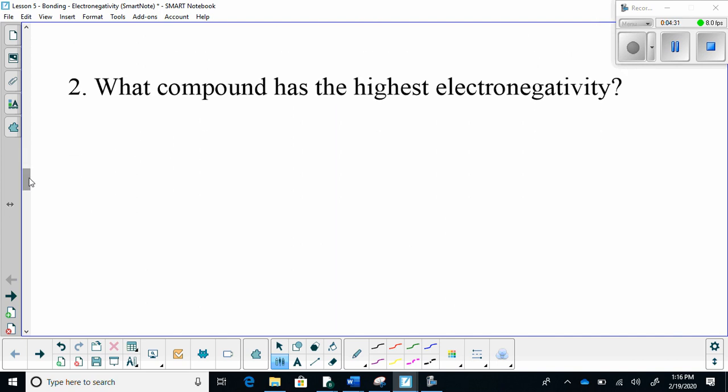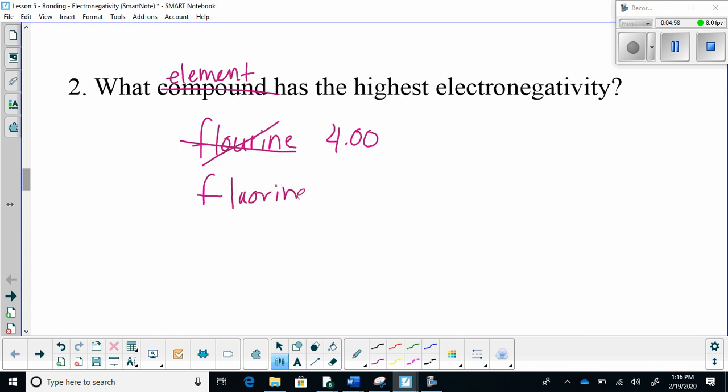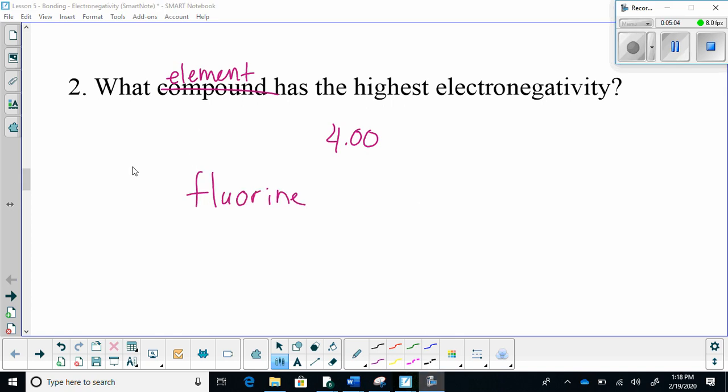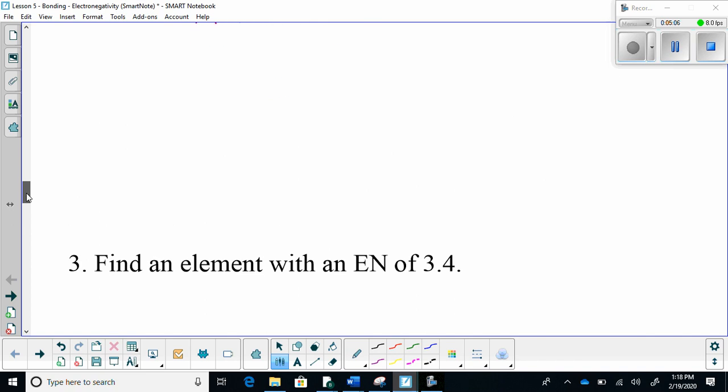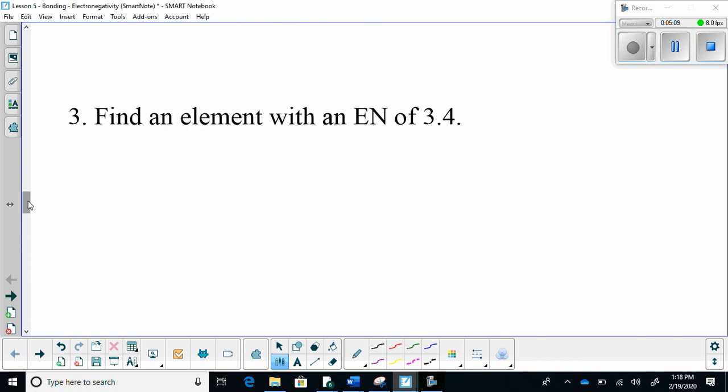Which element on the periodic table has the highest electronegativity? Fluorine. What is it? 4. Find an element with an electronegativity of 3.4.